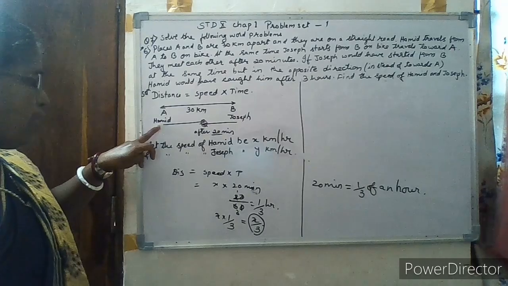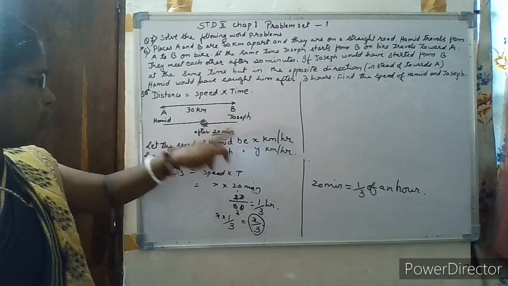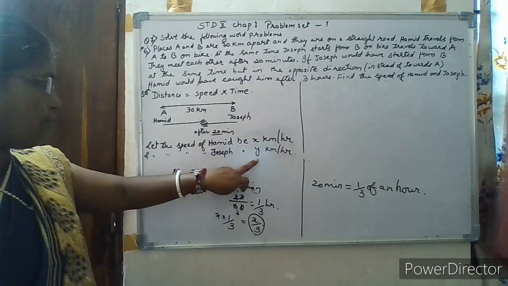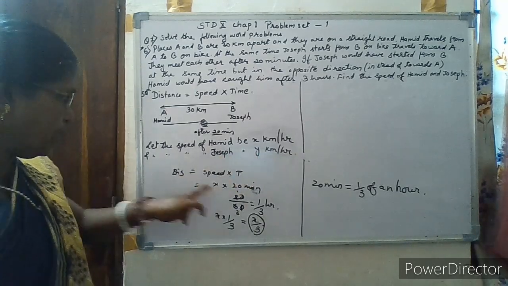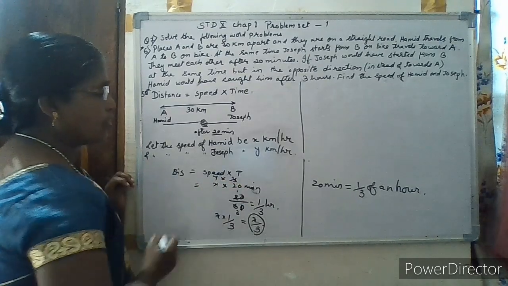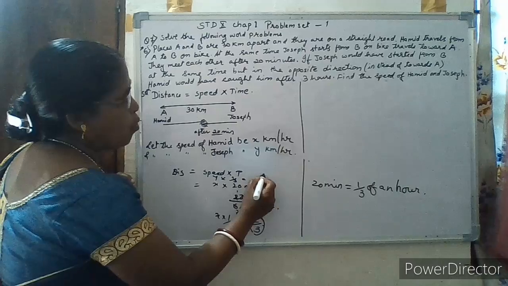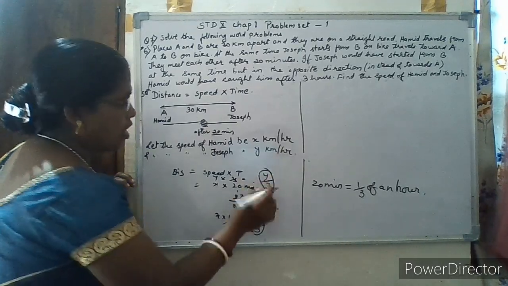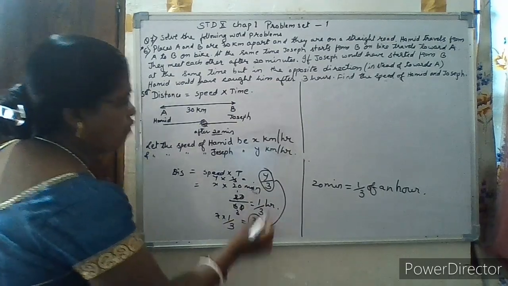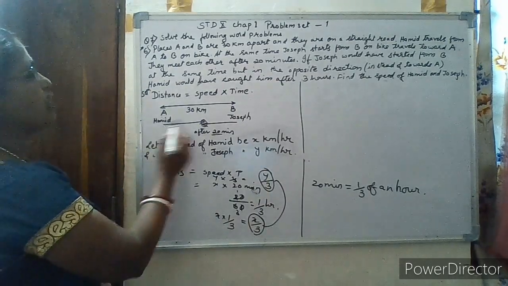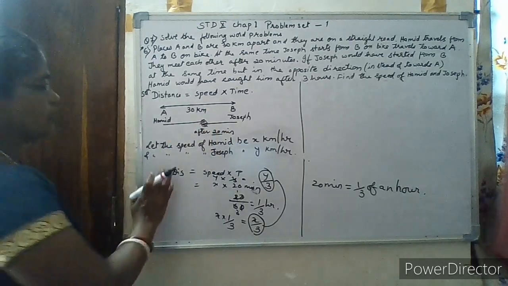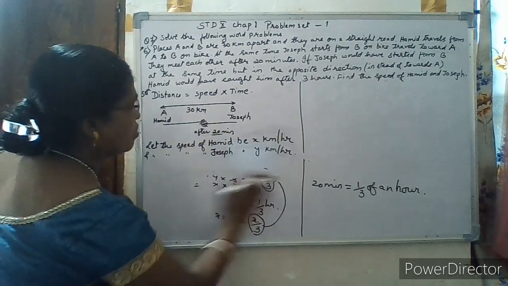In the same manner, the speed of Joseph is y kilometers per hour, so y into time taken, again 1 by 3, is equal to y by 3. This is the distance traveled by Joseph. Together both of them have covered the full distance of 30 kilometers.